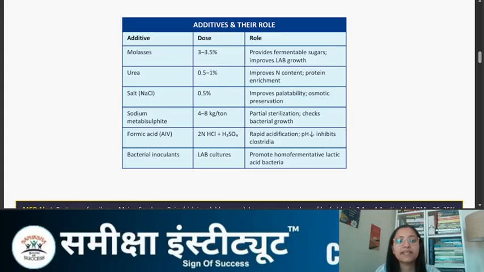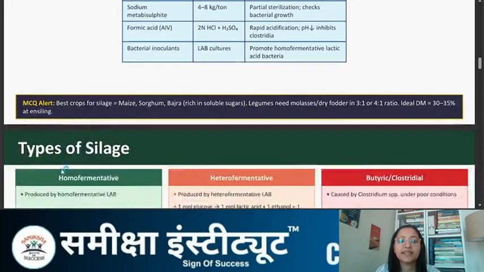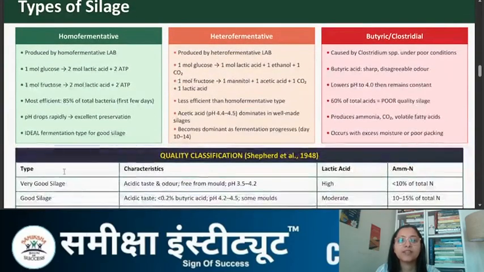Then sometimes bacterial inoculants externally, lactic acid bacteria, are also added because they will promote the homofermentative lactic acid bacteria. Okay, best crops are maize, sorghum, bajra, which are rich in soluble sugars. Legumes, and this we have discussed that 3:1 or 4:1 needs to be added, and 3 to 3.5% at the time of ensiling.